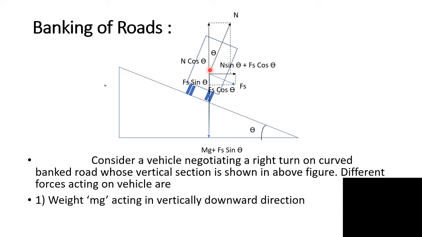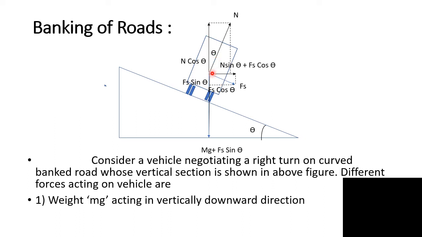Here normal reaction is perpendicular to road surface and vertical component is perpendicular to the horizontal, so this angle is theta. The normal reaction N is resolved into two components. The horizontal component is N sin theta, and vertical component is N cos theta.